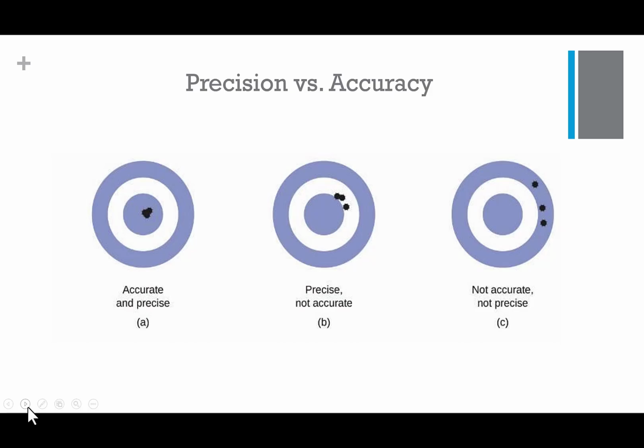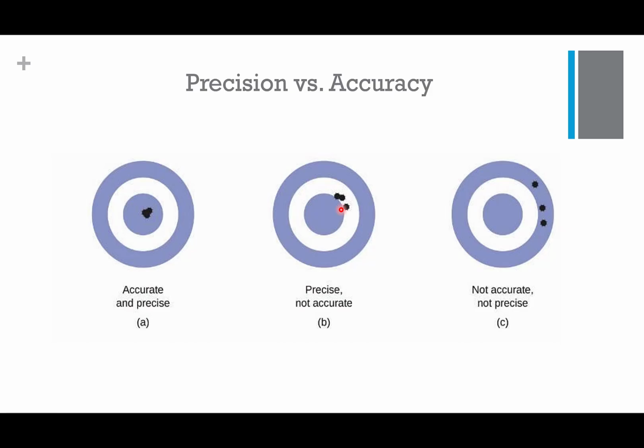So if we look at these targets here on the screen, in the first one, we see somebody that is both precise and accurate. Accurate in that they're right in the middle of the bullseye. Precise in that they hit the same spot over and over again. They were able to reproduce their shot. In the middle one, we see somebody that is not necessarily accurate. They're not hitting the bullseye, but they are precise.